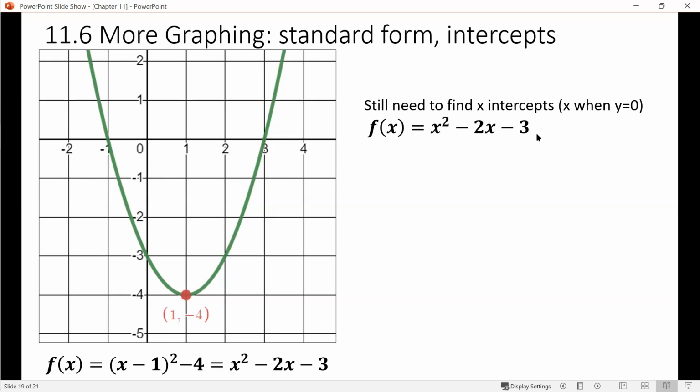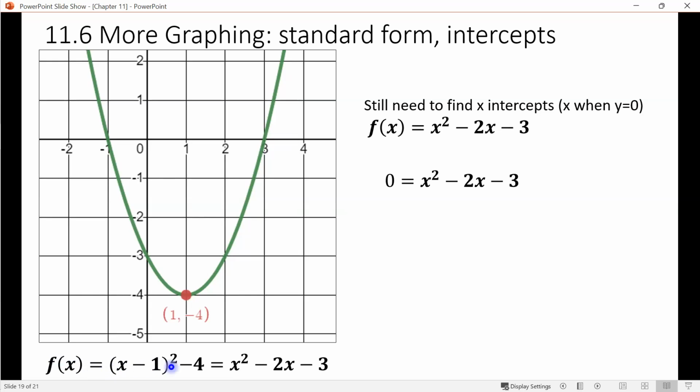All right. So we're going to take our original general form and we're going to find the intercepts just by setting y to 0. We're going to say that our output is 0, right? That's when y is 0. And we're going to solve that equation to figure out what values of x make that true. Now, keep in mind, we could use our standard form equation. If we set it equal to 0, we'd add 4 to both sides, take the square root, and then add 1 to both sides, right?